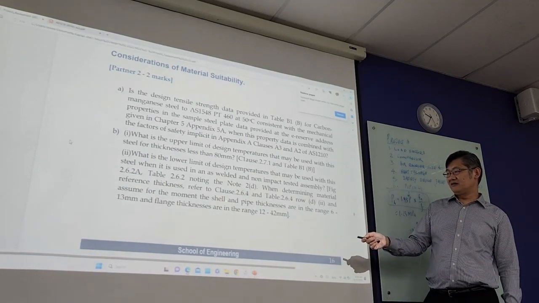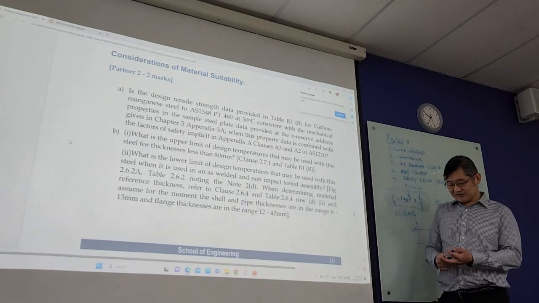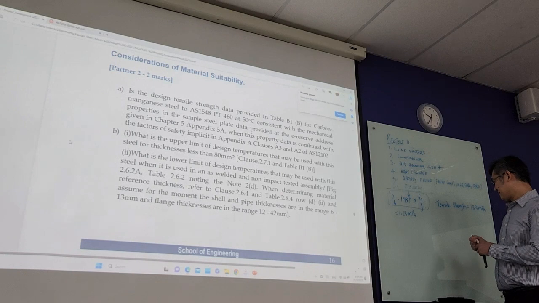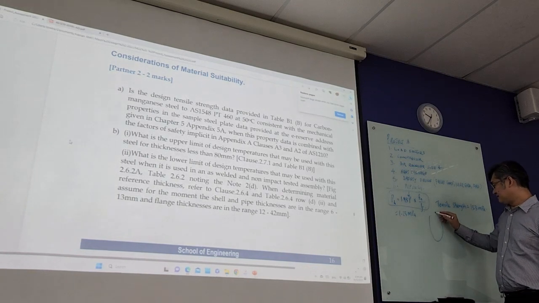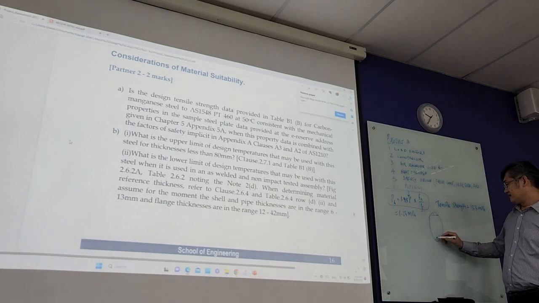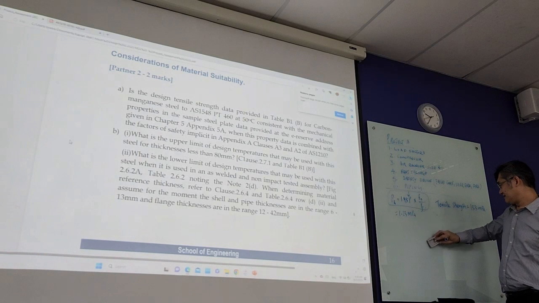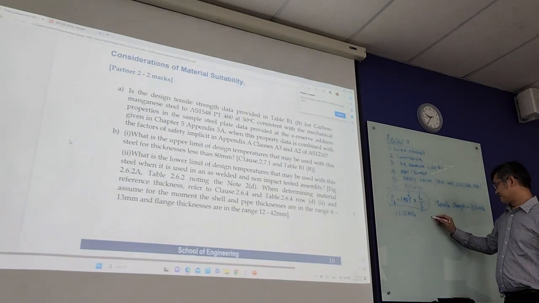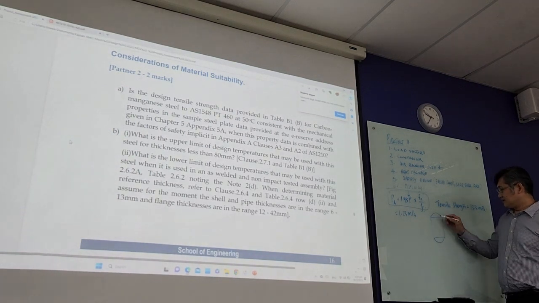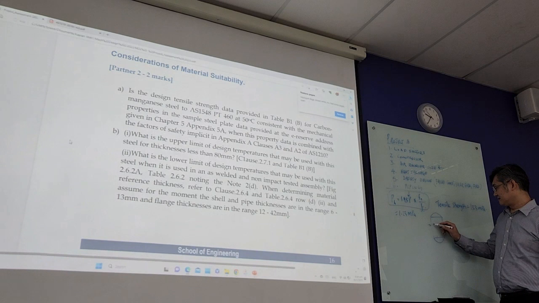Shell is our receiver. After we design the receiver here, shell thickness refers to this. This is your semi-ellipsoidal head. Cylinder plus this, so we call this the shell thickness.